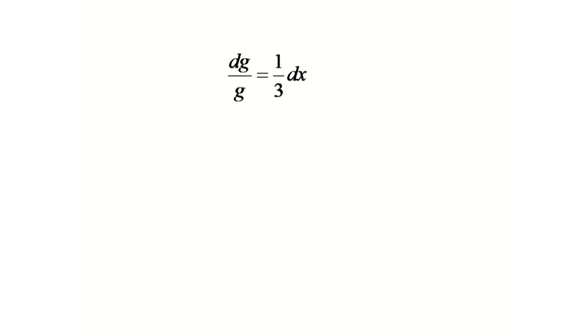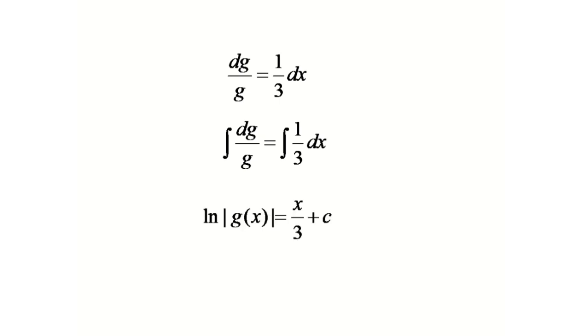We will get this thing, and now we can integrate on both the sides, which will give us the integration of 1 upon g with respect to dg will be just ln of mod g, which equals x over 3 plus some constant c, which is the constant of integration. And we know that according to our initial condition given in the question, g of 0 equals 1, which implies c equals 0.